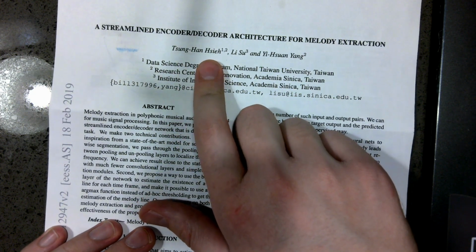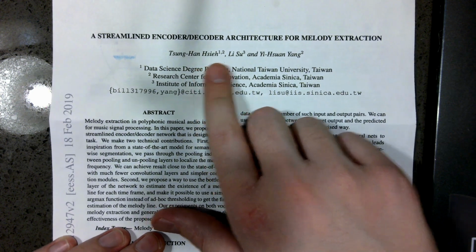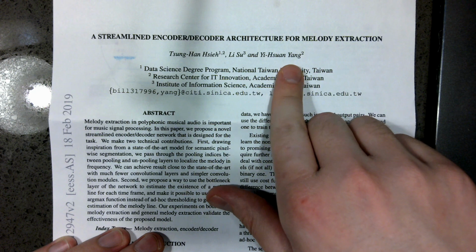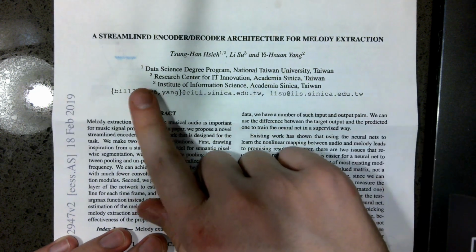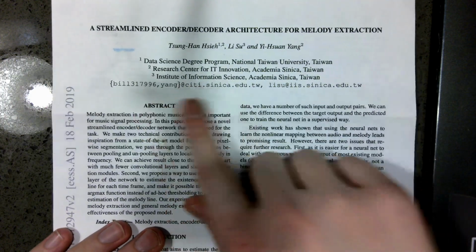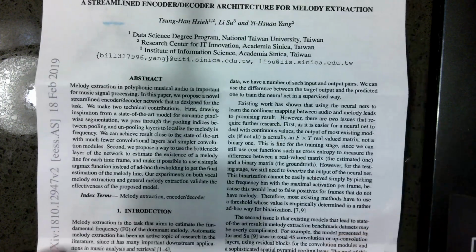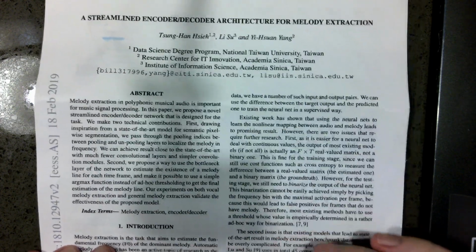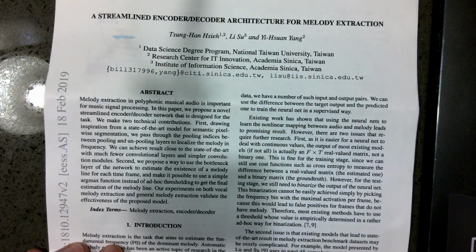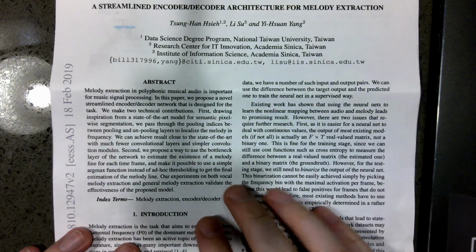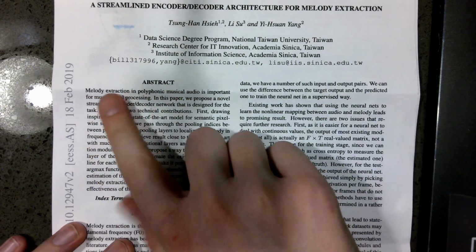That's not even English. I don't know what language I'm reading that in. And then Yi-Hsuan Yang, I think. Yeah, okay, so it looks like these people are in Taiwan. Okay, their email addresses. And this is from 2019. So relatively recent, like 4 years. Not bad.